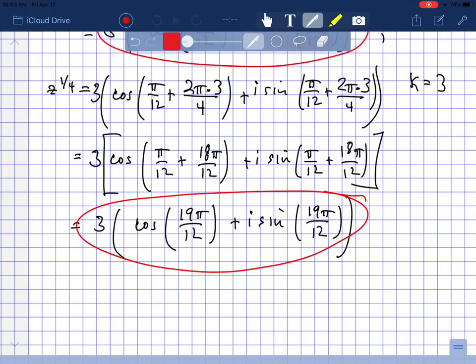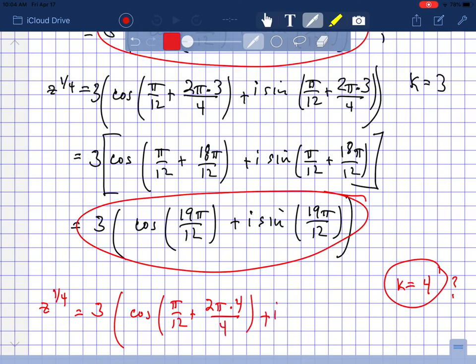So now what happens when k is equal to 4? Well, in that case, I'm looking at the fourth root of z. That's going to be 3 times the cosine of pi over 12 plus 2 pi times 4 divided by 4, plus i times the sine of pi over 12 plus 2 pi times 4 divided by 4.